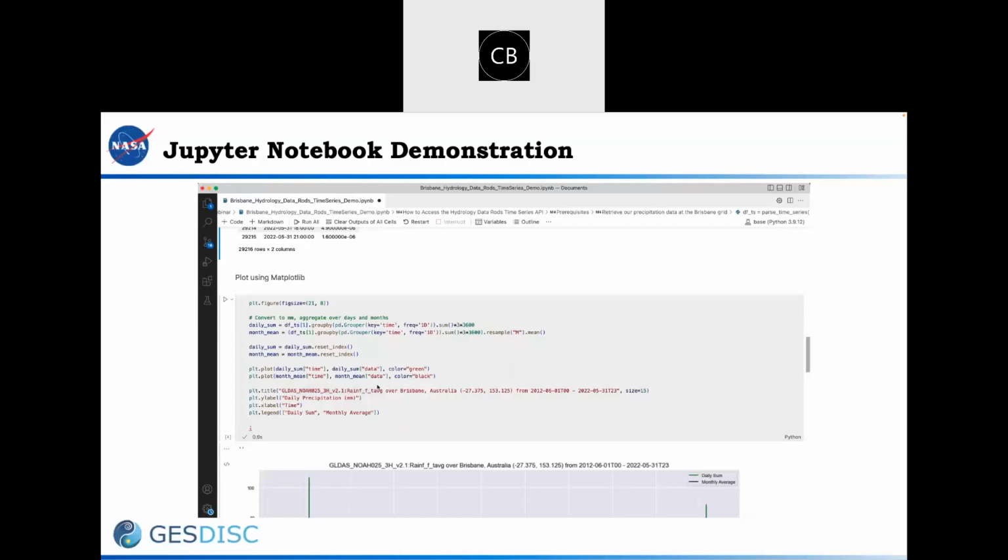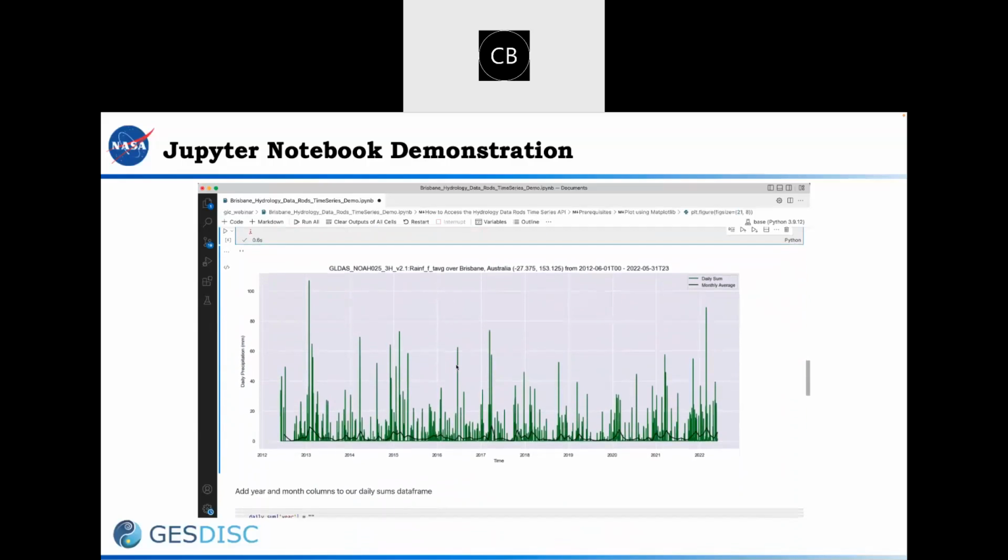And so with that, what I'm then going to do is take that pandas data frame. I'm going to calculate and aggregate my daily sum, convert them to millimeters of precipitation, and then resample the monthly means of those. And then I'm going to create a plot that is similar to the plot that we will generate for you, but I'm also going to add a monthly average line.